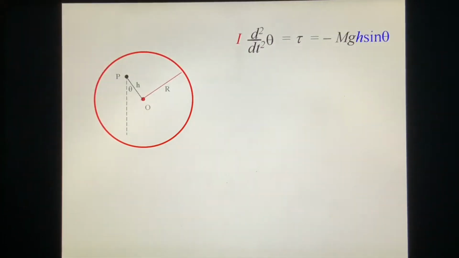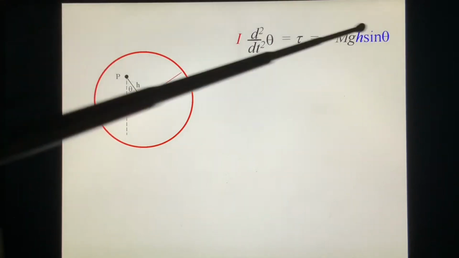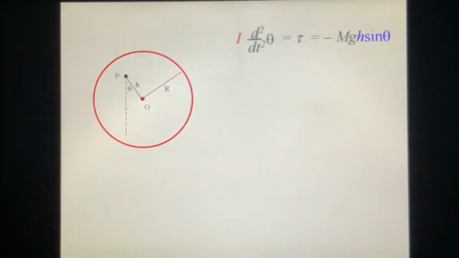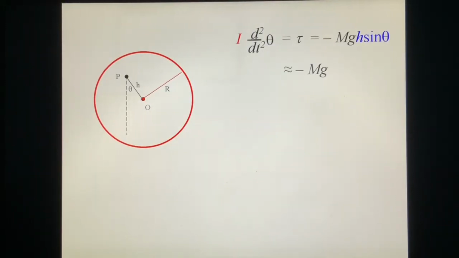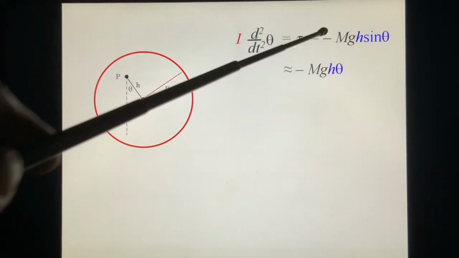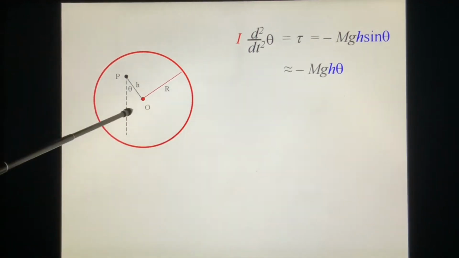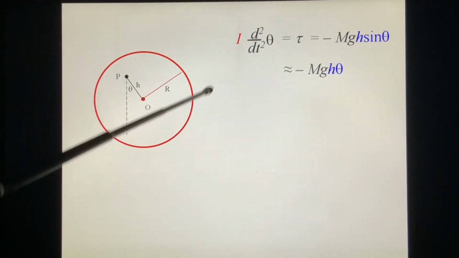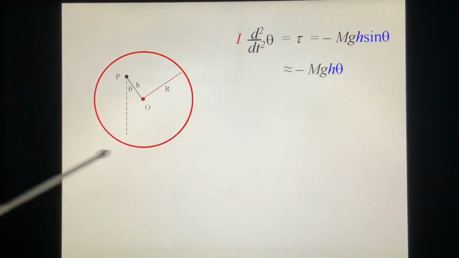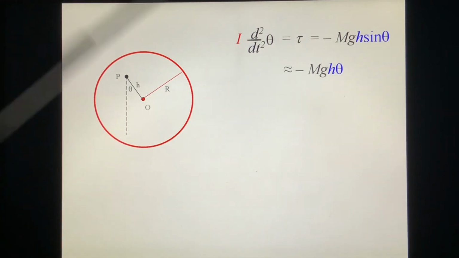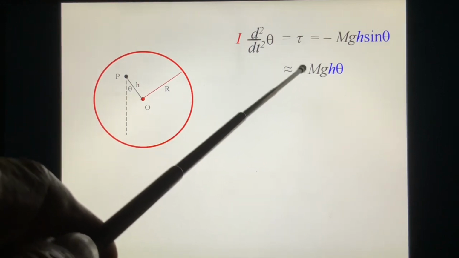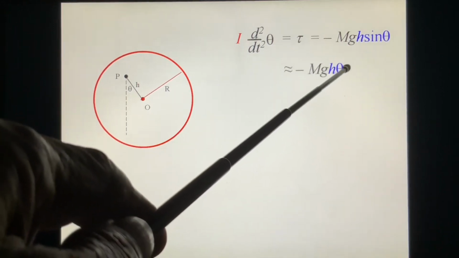When theta is very small, sine theta is approximately equal to theta. Here we have a minus sign. Why do we have a minus sign? Because we take theta as positive in this direction, and the torque goes in this direction. So you have a minus sign. It always opposes the positive direction of theta.